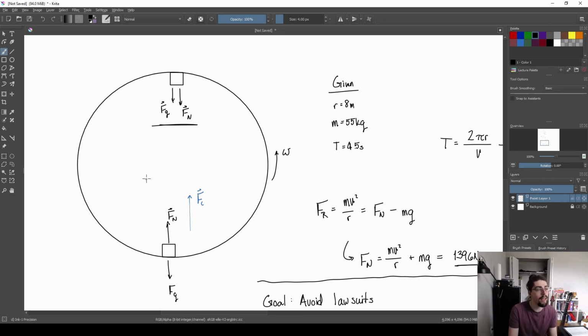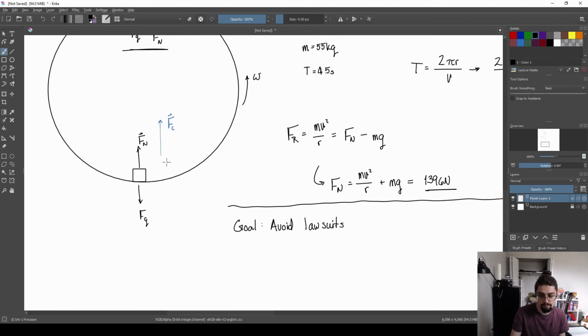What did we say would happen if the force actually felt exceeded the centripetal force? If the force actually pulling on us exceeds the centripetal force, that means we're falling in towards the middle. We're no longer avoiding lawsuits.